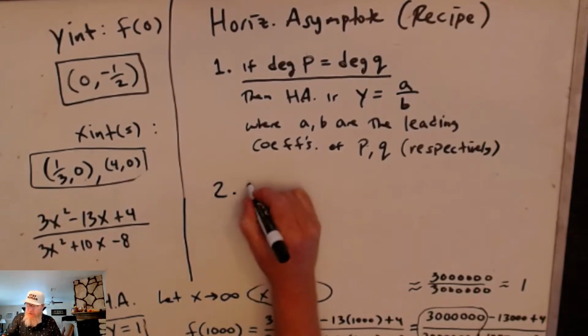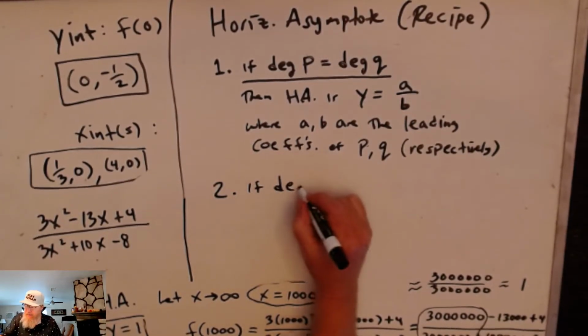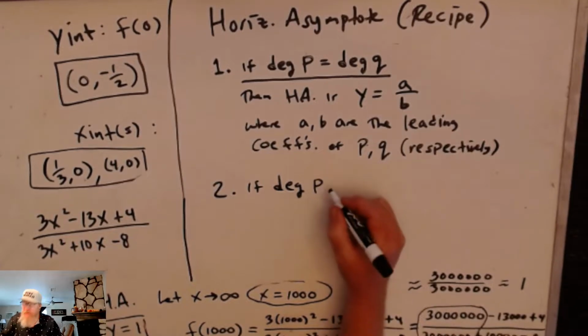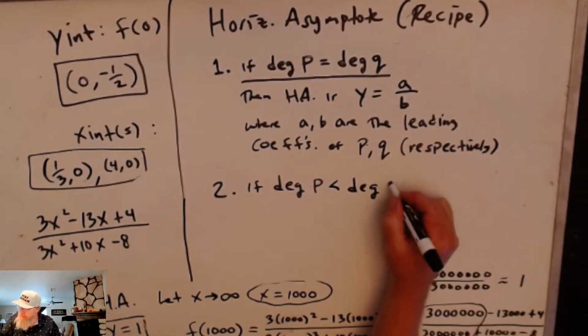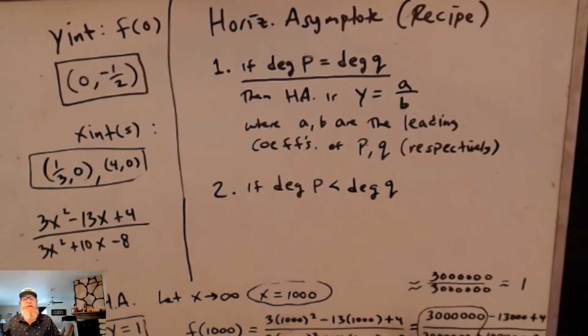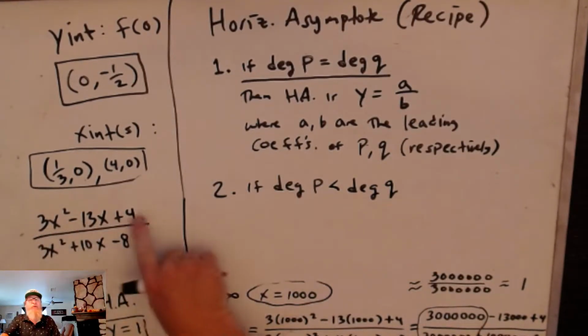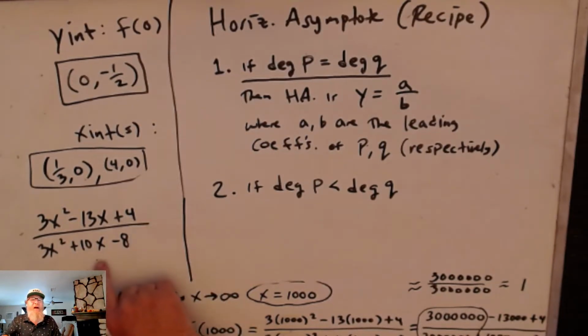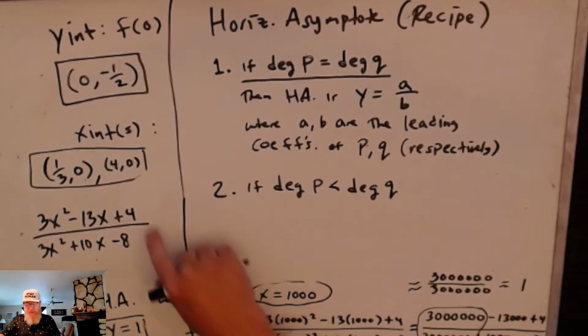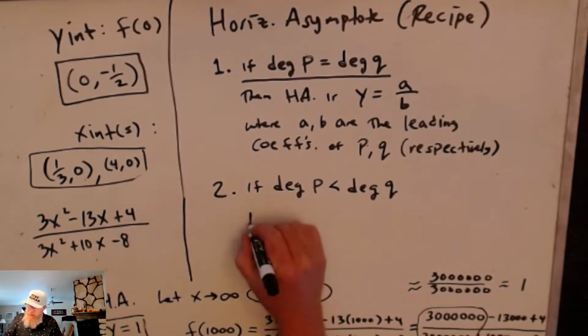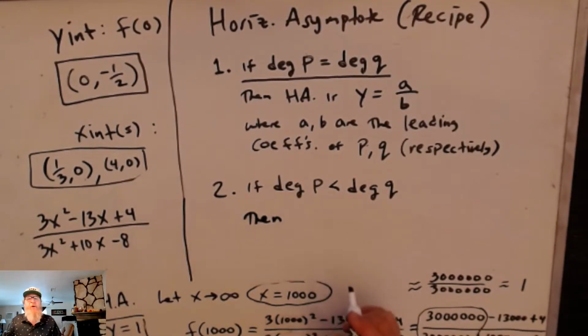So number 2, if the degree of the numerator is less than the degree of the denominator, so for example, maybe the numerator is linear or constant, and the denominator is larger than linear, so quadratic or higher. All right, so if the numerator is smaller, well, we saw this in part 1.